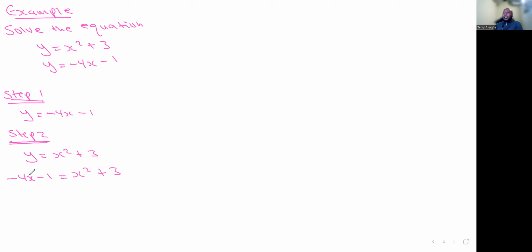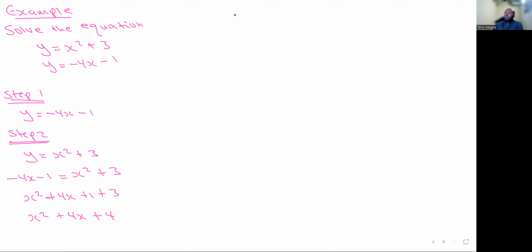Now, you take this to the other side. So you're going to have x squared, minus becomes plus 4x, minus 1 becomes plus 1, plus 3. Are you seeing it? Then you're going to have x squared plus 4x plus 4.